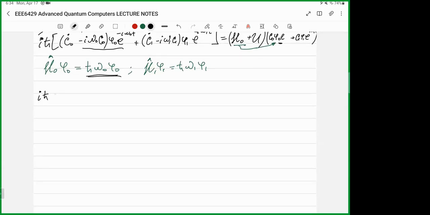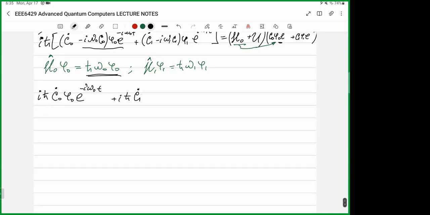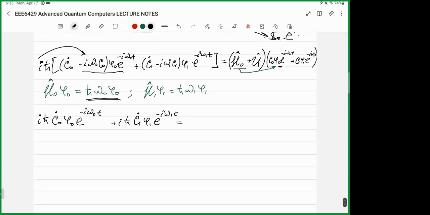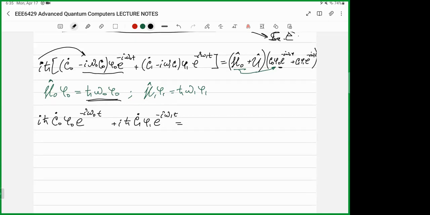So what I get is imaginary unit h bar, then c sub 0 dot phi sub 0 e to the power of minus i omega 0 t, plus i h bar c sub 1 dot phi 1 e to the power of minus i omega 1 t, and it is equal to basically this product of the interaction part of the Hamiltonian with these two.